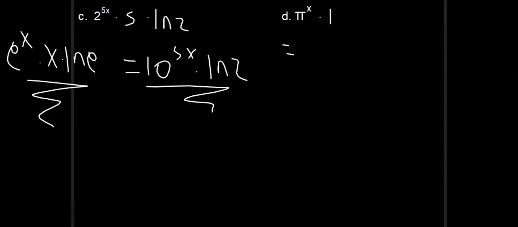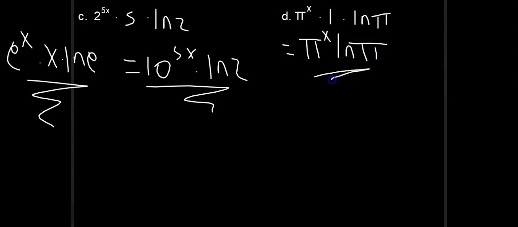And then I also want to multiply this by ln of whatever number you got over here, so it will be pi. So when you multiply pi to the x times 1, it will be pi to the x, and then it will be pi to the x ln pi. So this will be your last answer.